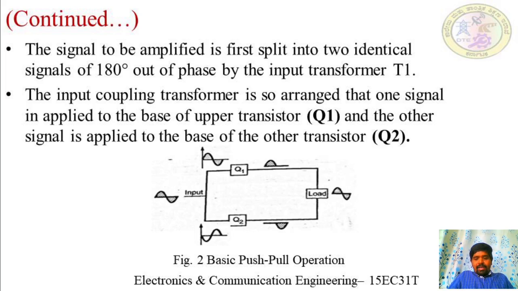In the diagram, transistor Q1 receives the signal with 0 degree phase shift, that means the signal starts at 0 degree phase. Whereas the signal applied to transistor Q2 is exactly a 180 degree shifted version of the input signal. That means the signals applied to transistors Q1 and Q2 are in 180 degree opposite phase.